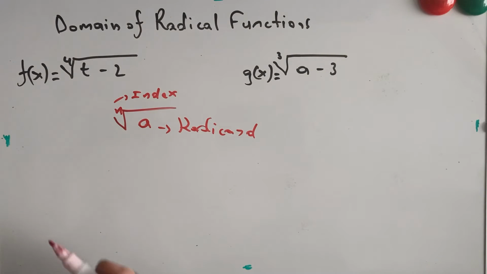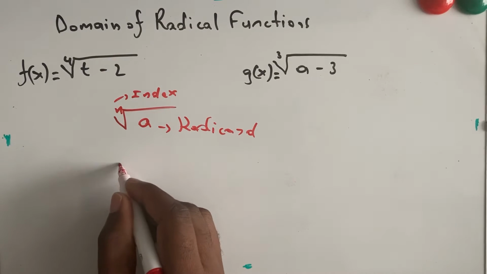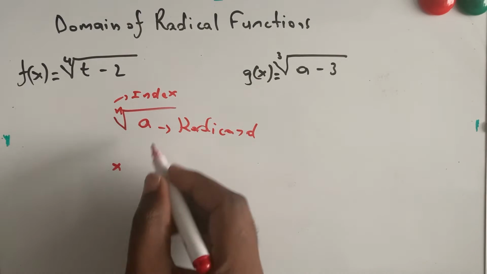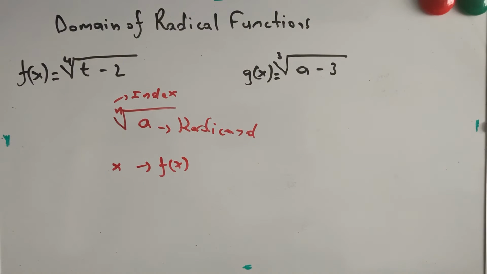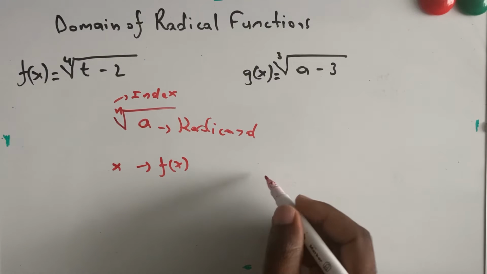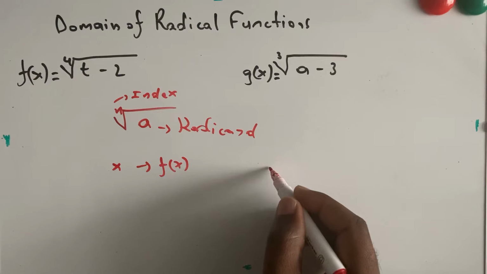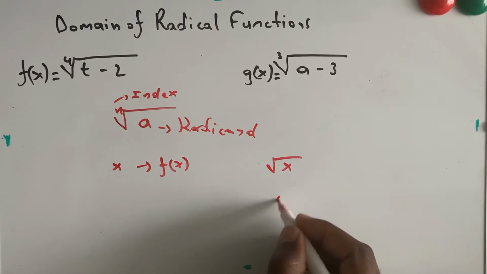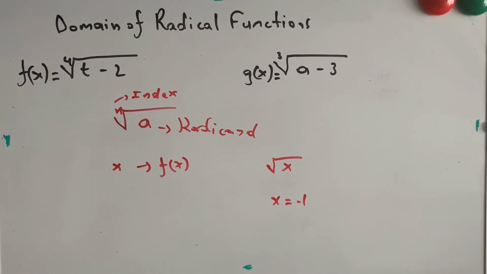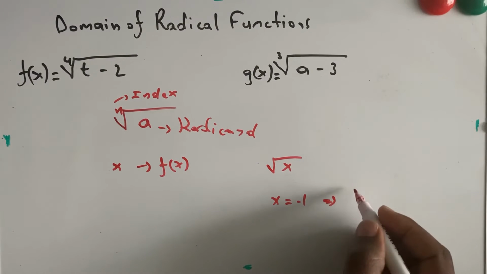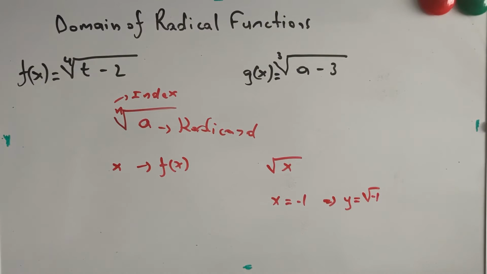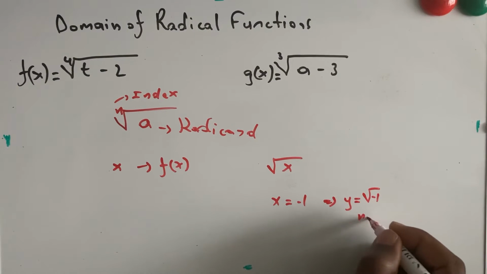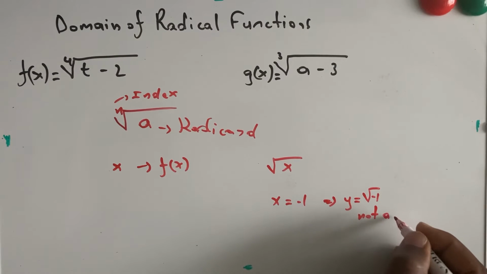If you plug the x value into the function, you will get a y value, f of x. So in this case, if I had the square root of x, and x is -1, there won't be a y value, because then y will be the square root of -1, which is not a real number.